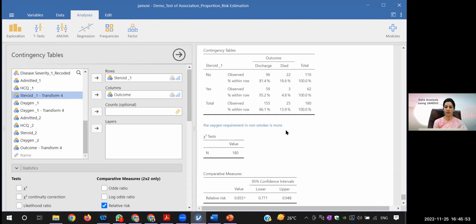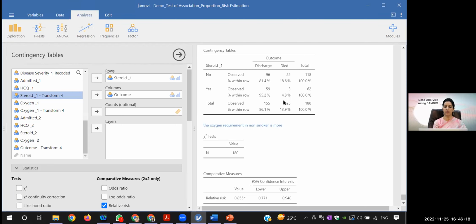So again, we can say that the odds of death was 0.85 in the people whom we have given the steroid at the time of admission. That means it is less. If it is 0.85, you can say that the steroid is protective for death.